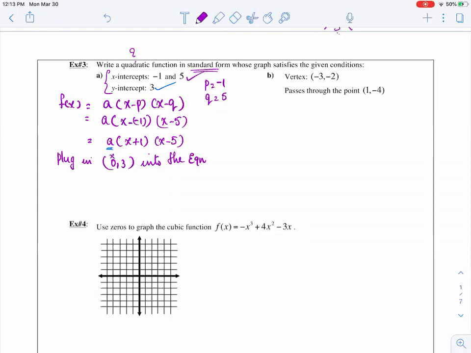This is your x, this is your y. So f of x is replaced by 3, because that's your y coordinate, and x is replaced by 0: a times (0 plus 1) times (0 minus 5), because f of x is always your y.